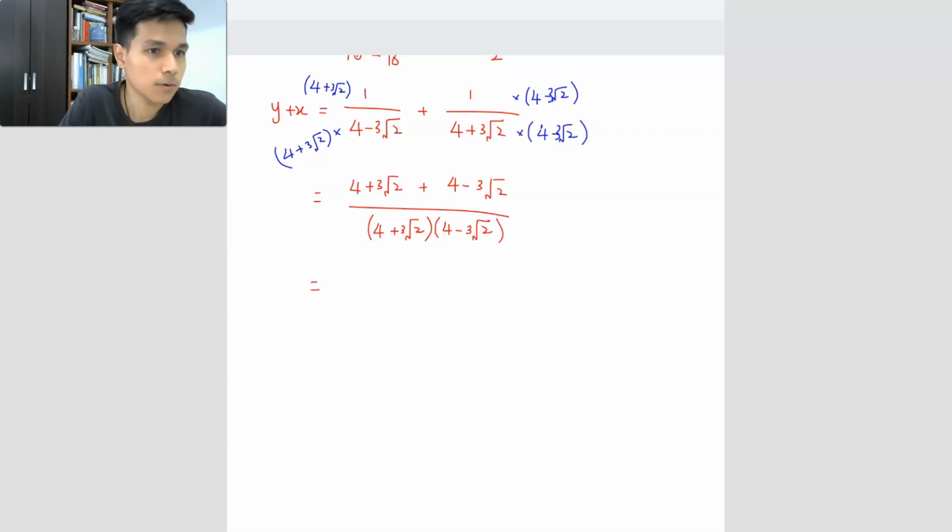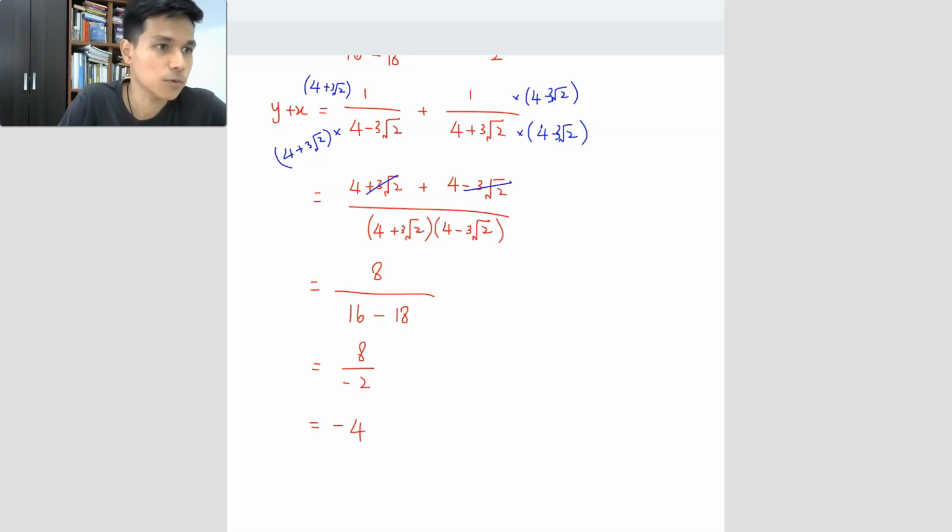So now what can we do? You see here 3 surd 2, here is minus 3 surd 2, becomes 0, so no more surd. So 4 plus 4 is 8. At the bottom you have 16 minus 3 surd 2 squared, you get 9 times 2, 18, same thing as just now. So you get 8 over negative 2. So your answer here is negative 4.